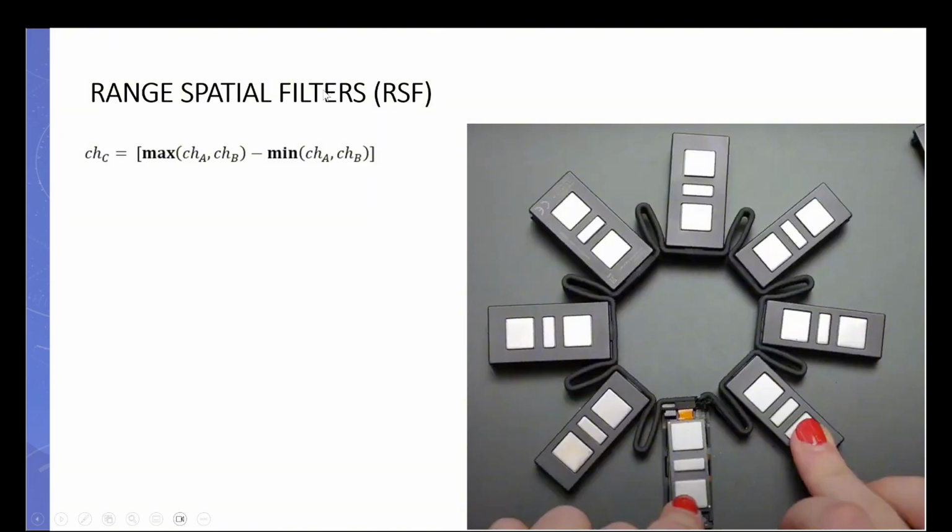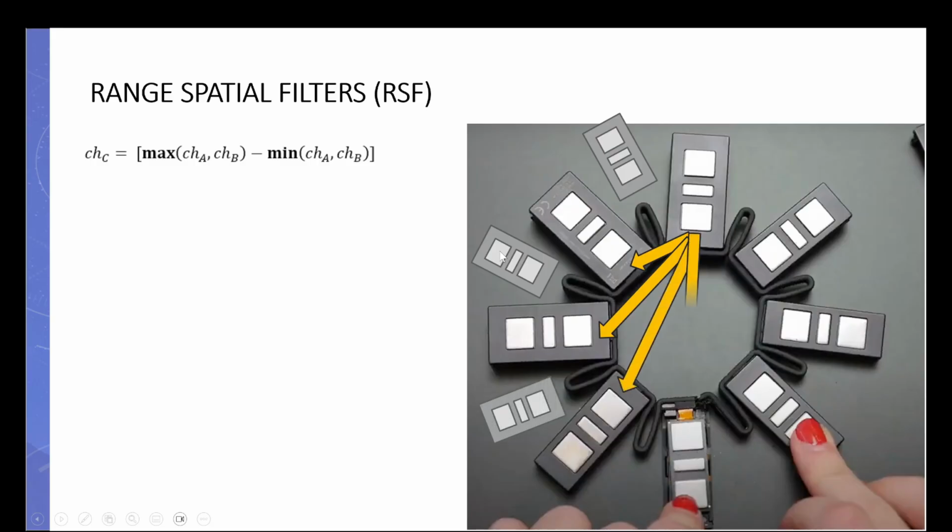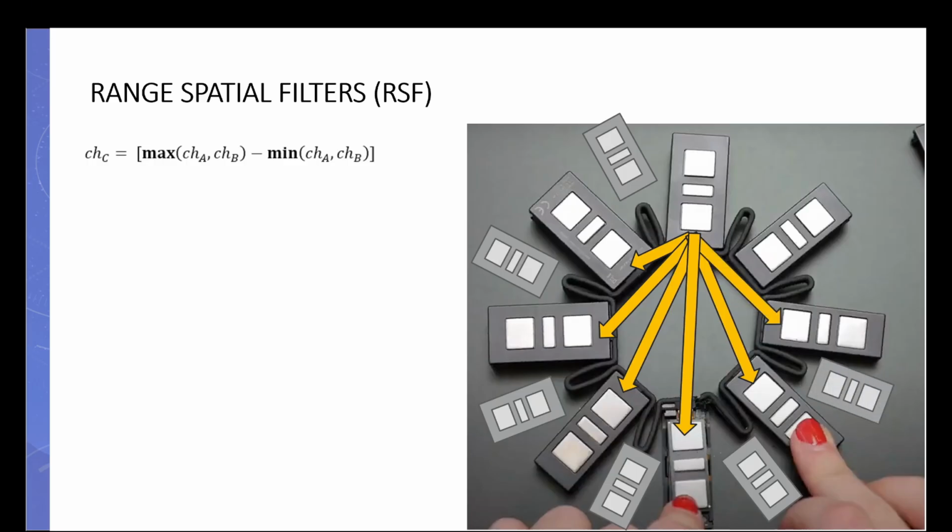What these filters do is, you give them the signals collected from two input channels, let's call them channel A and channel B, and they will give you a new virtual signal, based on the maximum of the two minus the minimum of the two, and we call this channel C. So I will be relating the first physical channel to the second physical and generating the first virtual, the first physical to the third physical and generating the second virtual, and so on for the remaining physical channels, representing the remaining virtual channels.